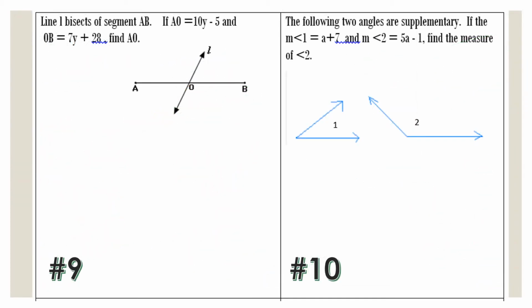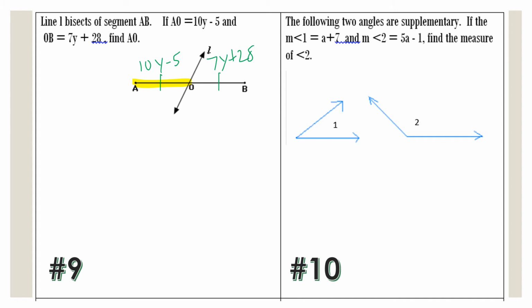Line 1 or L bisects the segment AB. So that means that this piece is congruent to this piece here. If AO is 10y minus 5 and OB is 7y plus 28, find AO, which is the small piece here.